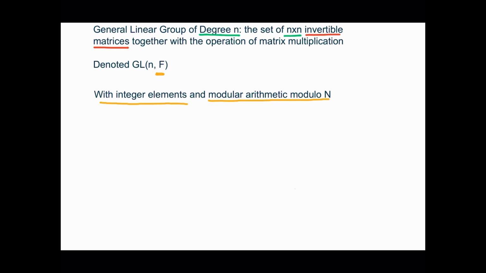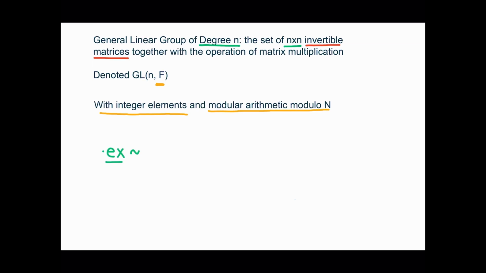This idea is a bit easier to grasp with an example. If I specify the degree lowercase n to be 2 and uppercase N to be 5, then I know firstly that I'm working with 2 by 2 matrices, and secondly that elements in my 2 by 2 matrices are limited to the result of any integer mod 5.